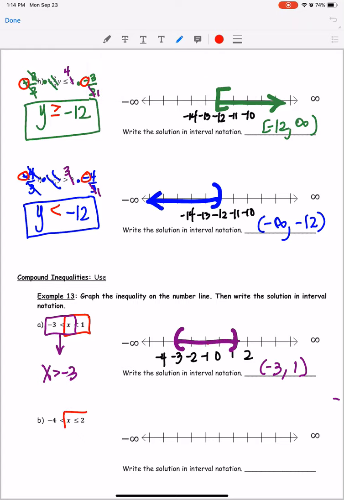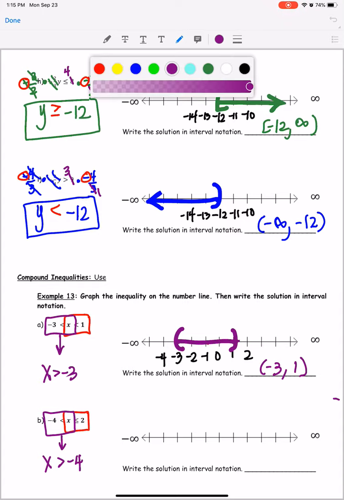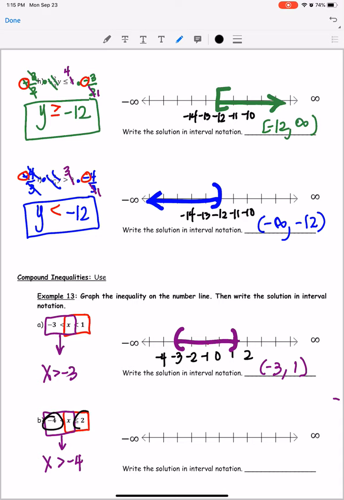Okay, same thing here. This one's fine. But this one, you need to switch. So this one, x, negative 4, this symbol needs to flip to this way here. So this one is going to be in between negative 4 and 2.